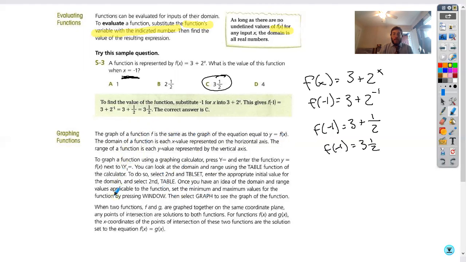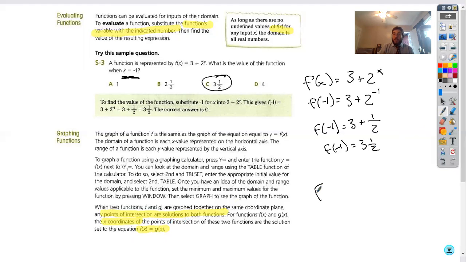So another thing here, when two functions, f and g, are graphed together on the same coordinate plane, any points of intersection are solutions to both functions. For functions f of x and g of x, the x coordinates of the points of intersection of these two functions are the solution set to the equation f of x equals g of x.